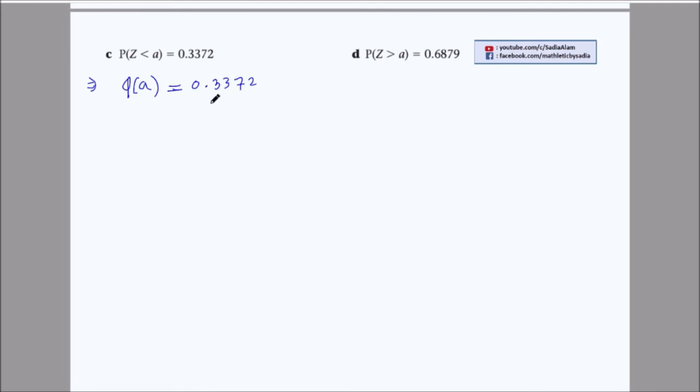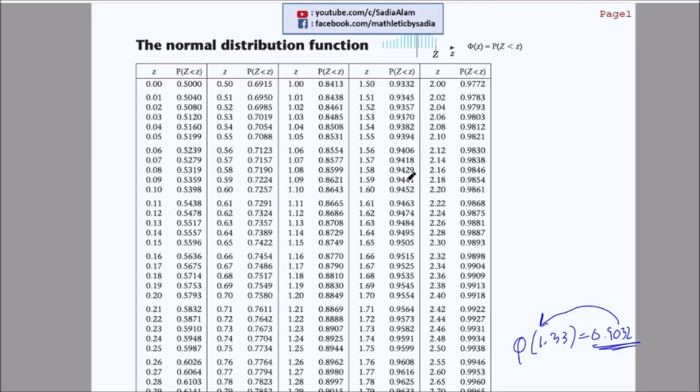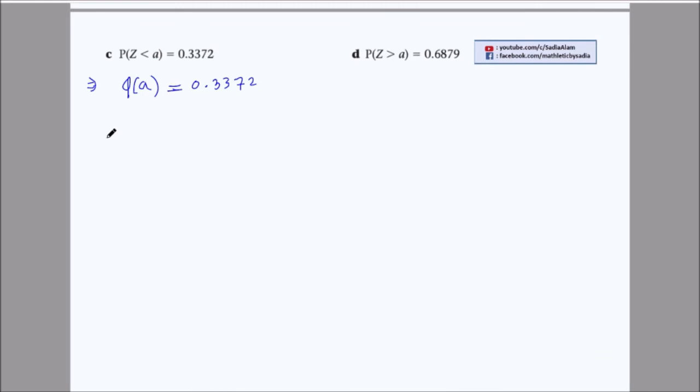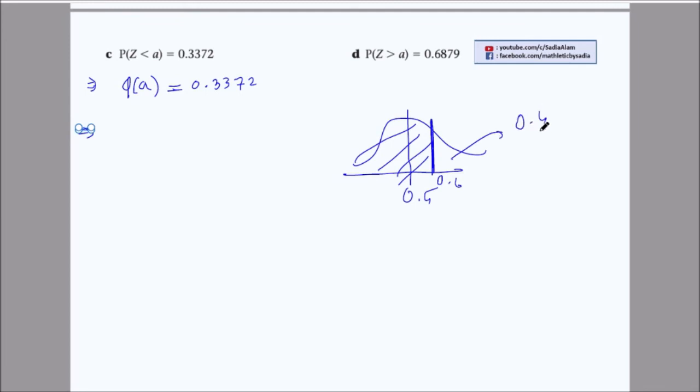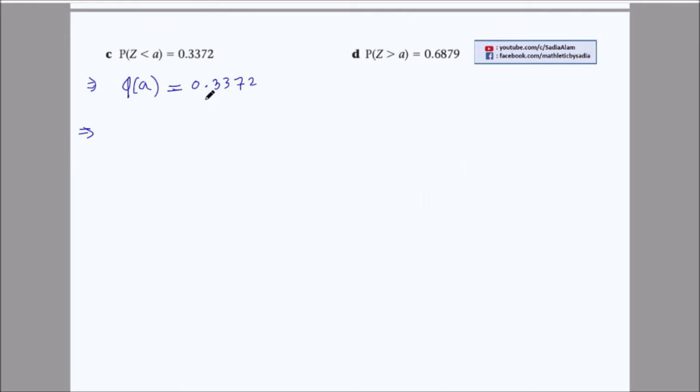But now that we have 0.3, which is not available at the table, so what we can do is, if you have a value 0.6 which is greater than 0.5, then the alternate value is 0.4, right? So if you do not have 0.4 in the table, it means you will definitely have 0.6 because it's greater than 0.5. In short, if you do not have any value at the table, in that case, if you just deduct this value from 1, whatever you get, that will be available at the table.